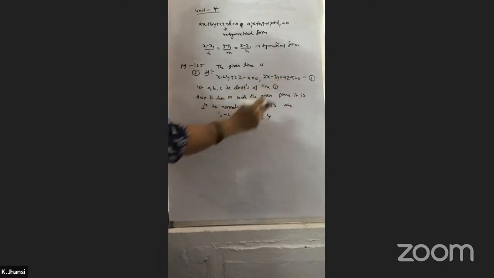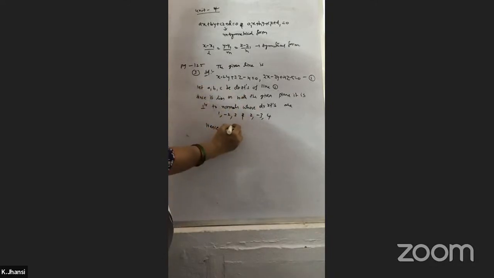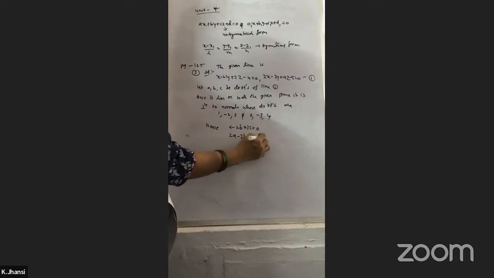Hence we can write here, you multiply these 3 points with the ABC, you will get A minus 2B plus 3C equals to 0, and next one 2A minus 3B plus 4C equals to 0. So you take this as second equation and this as third equation.